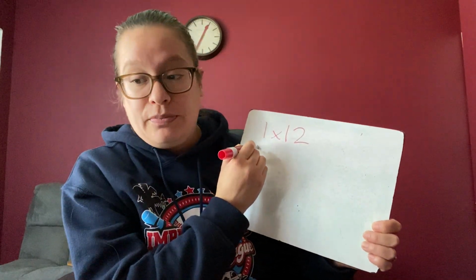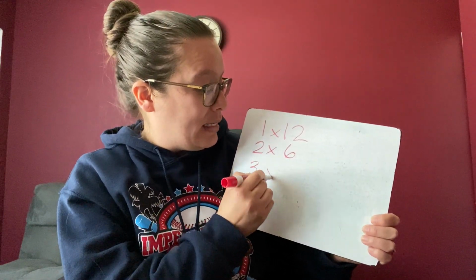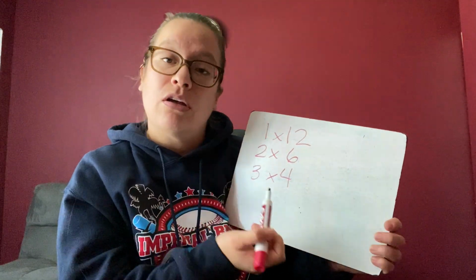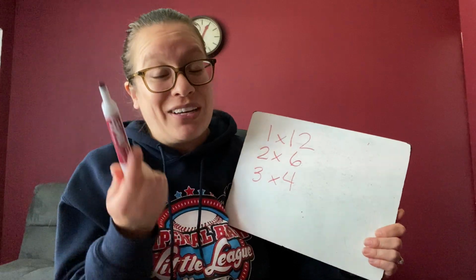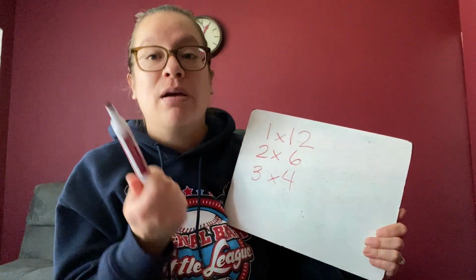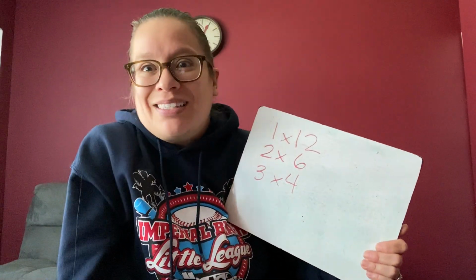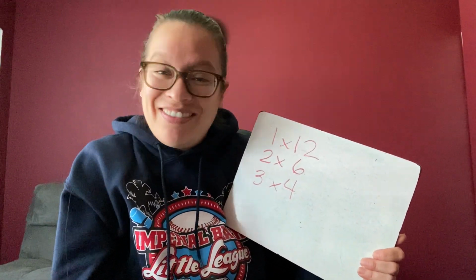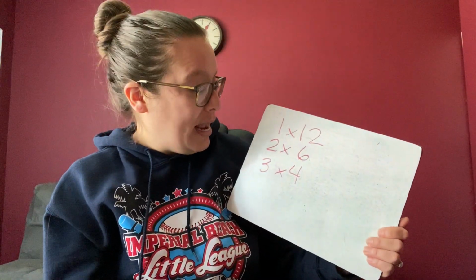What about 2? Yes, 2 times 6. 3 times 4. And you can also use a multiplication table. Unfortunately, we're not in our classroom, so you can't use our multiplication chart on your desk, but you can create one. I mean, that's something you could do. You have plenty of time, right? Create a multiplication chart.